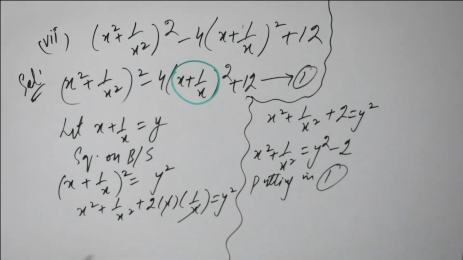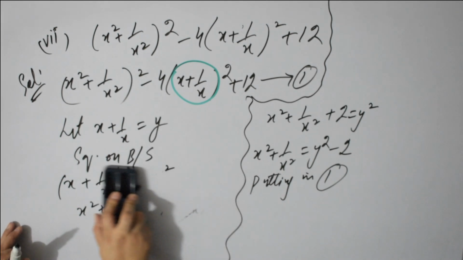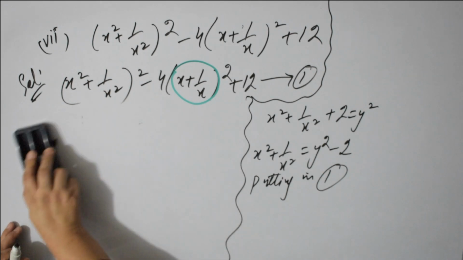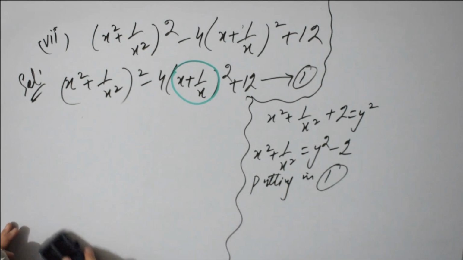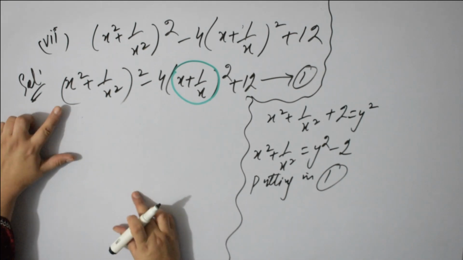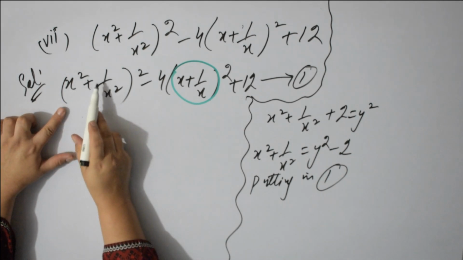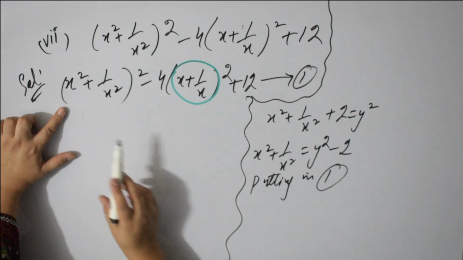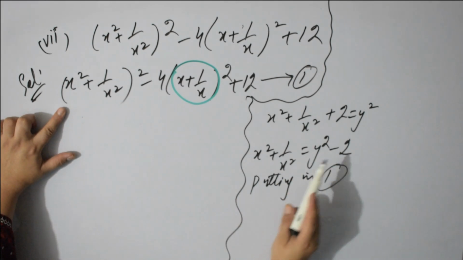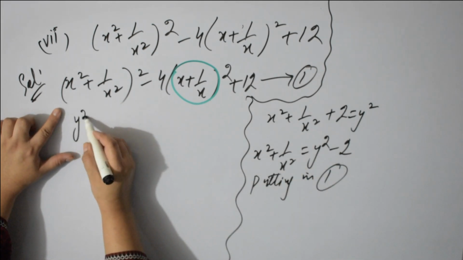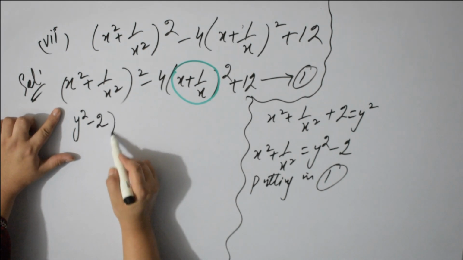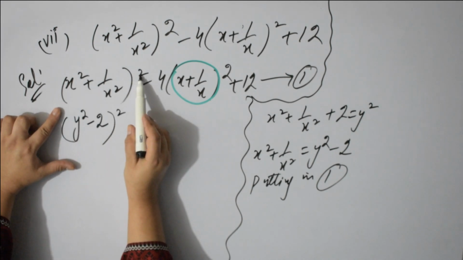Now see, in 1 we have to put the values. This is my equation number 1. Now come to this equation 1. What is the value of x square plus 1 upon x square? The value of x square plus 1 upon x square is y square minus 2, and this whole square as it is.